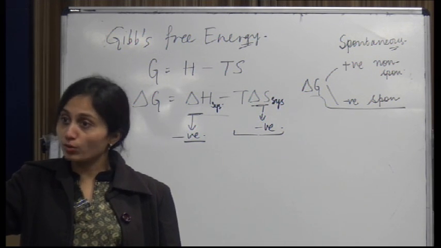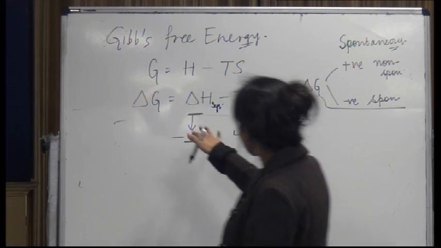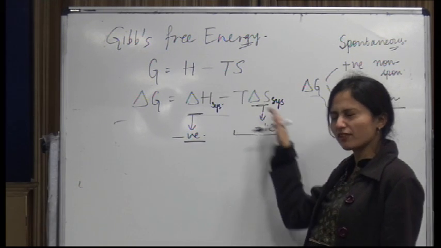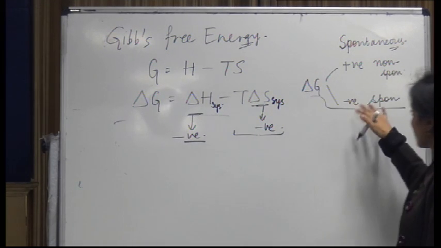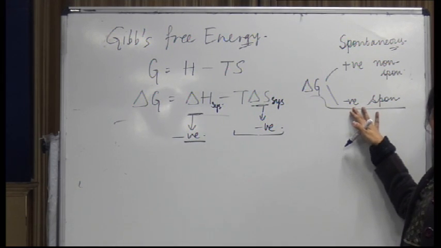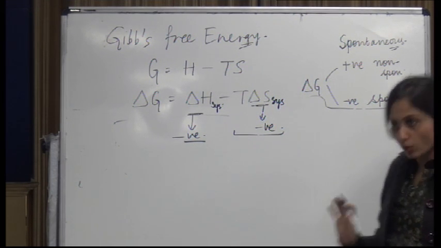I am just giving you an example. When the reaction is highly exothermic, so despite having a negative delta S, your net delta G is negative. ठीक है? And which makes the reaction feasible कि वो होगी.